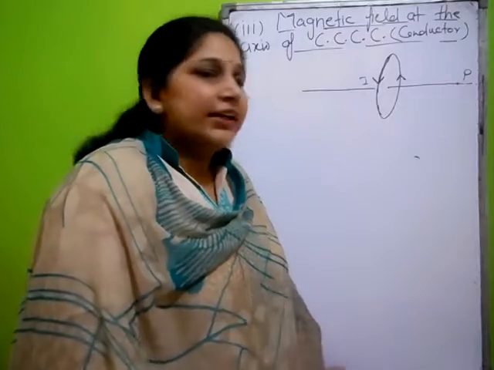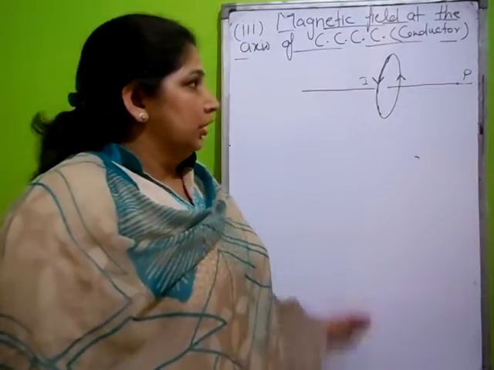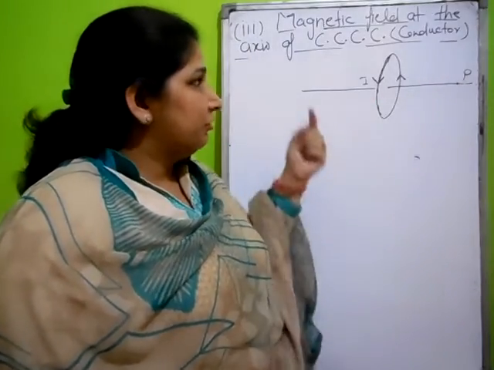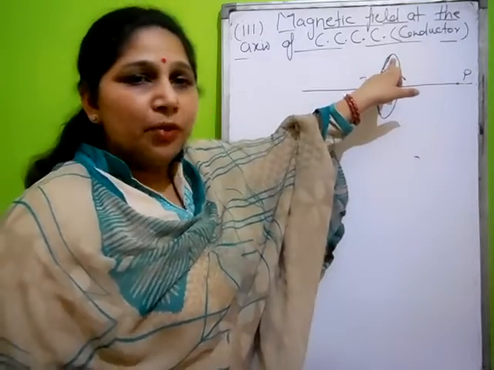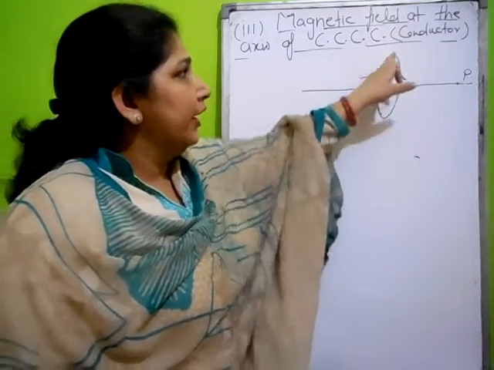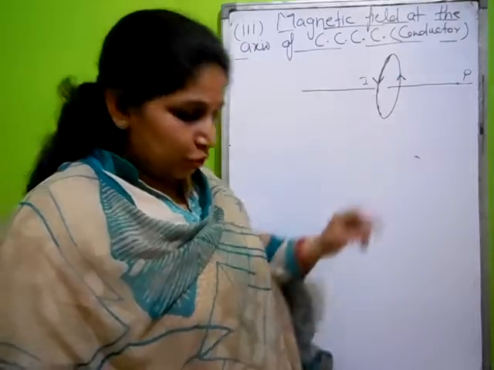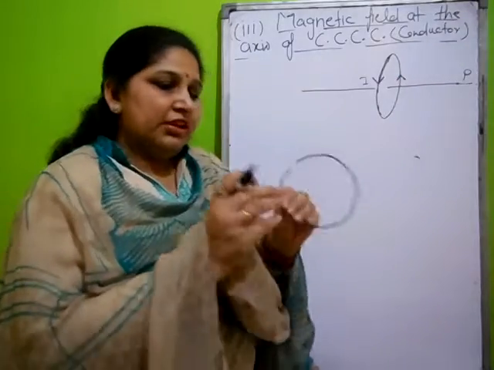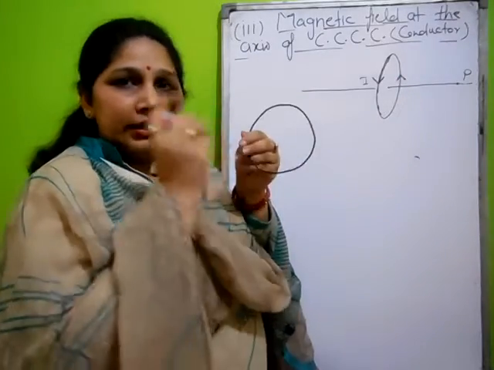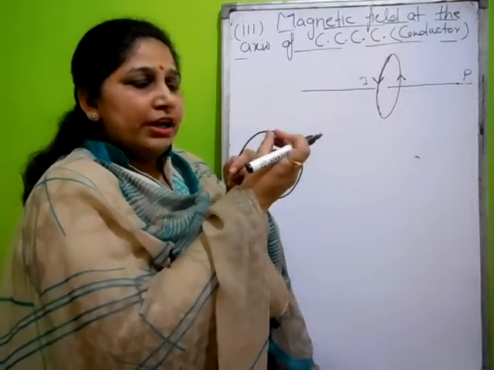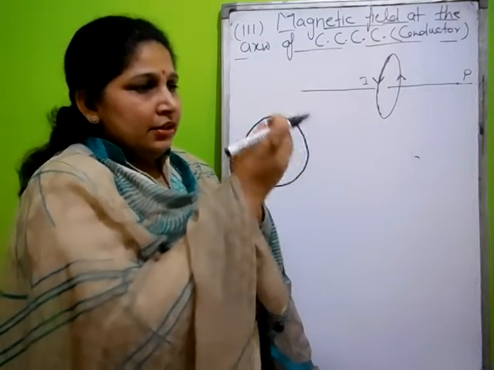To find the magnetic field at the axis of the circular coil, we will consider two small current elements diametrically opposite. A current element means a small length of current carrying conductor.